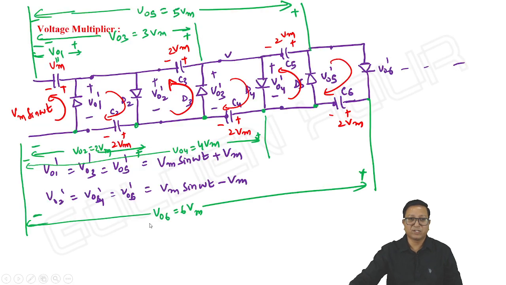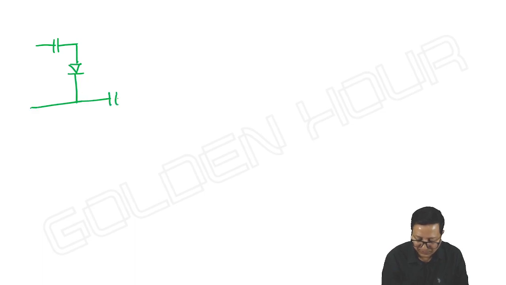I hope the students can draw that circuit. Negative clamper, next positive clamper. Students can try this because it again takes time, I have to write it in the middle.